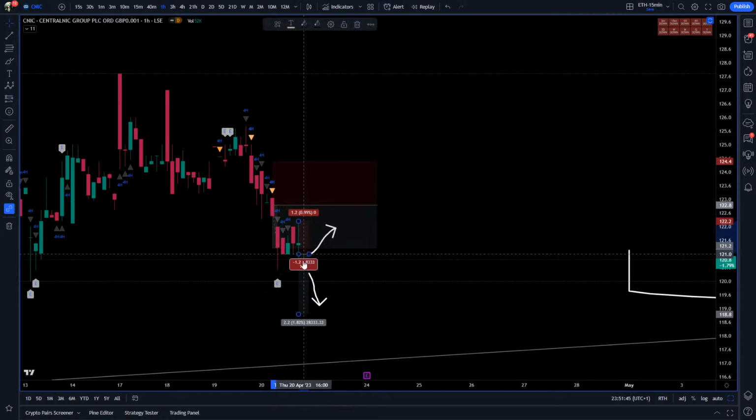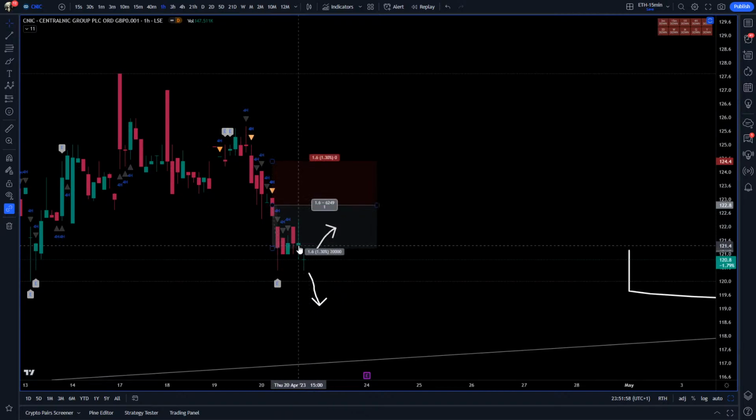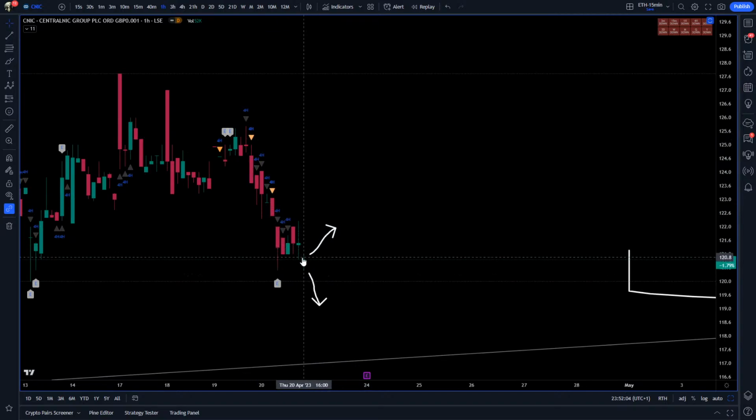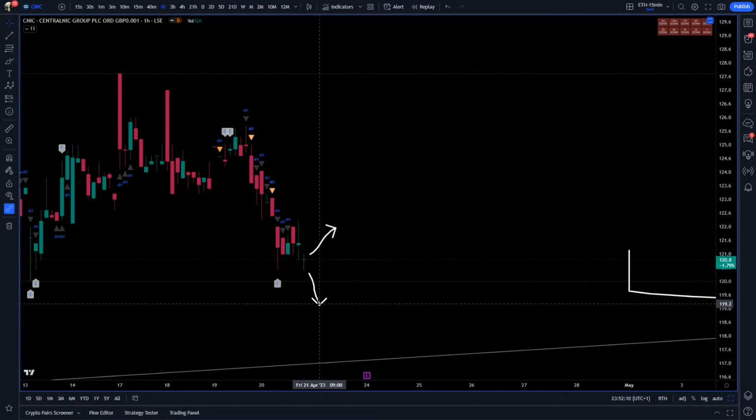So we can safely say that the market could be moving down another 1.8%. That's our take profit for our entry over here, right? If the market reverses, then we'd hit our stop loss here. If the market moves down, then we make profit.